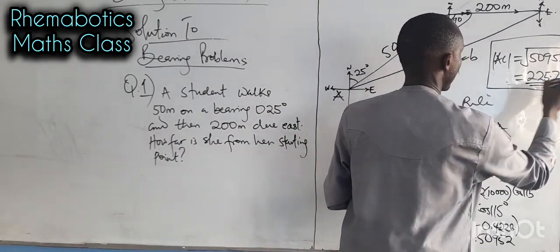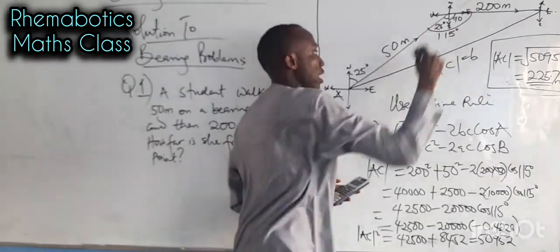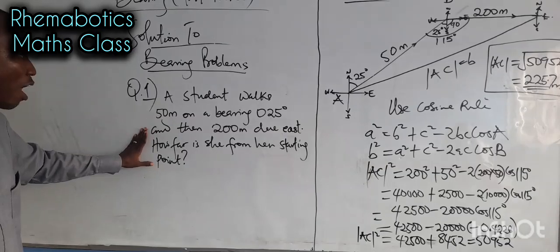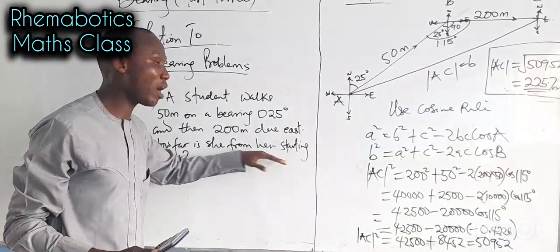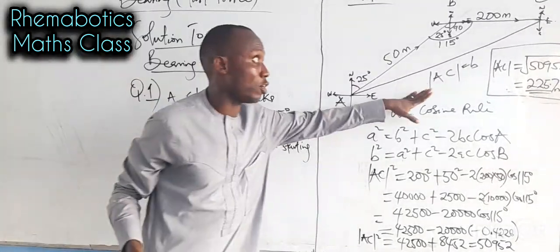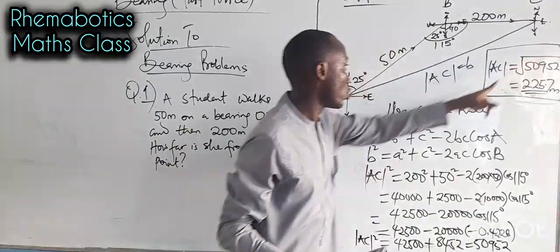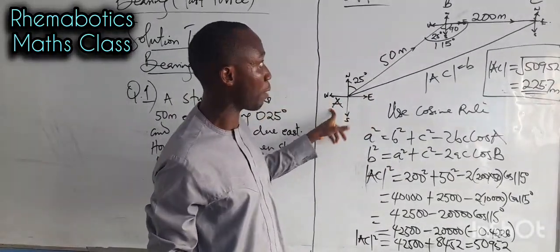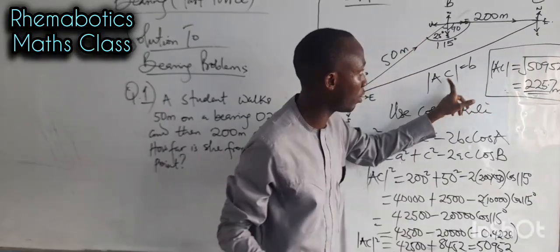So I'm going to add meters to it, because that's the unit of the other dimensions. So finally, we have answered the question, which is how far is she from our starting point. So this is the distance. You can see where she is right now, and look at where she started from. So the distance from our initial point to our final point is what?